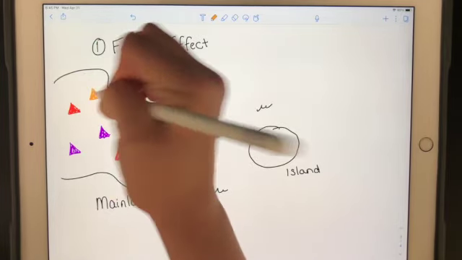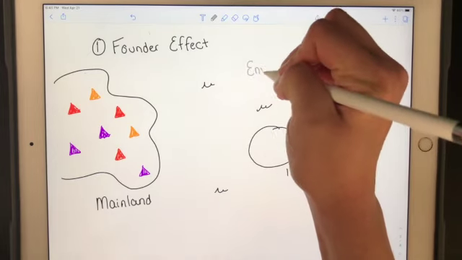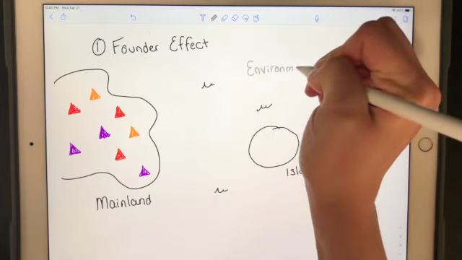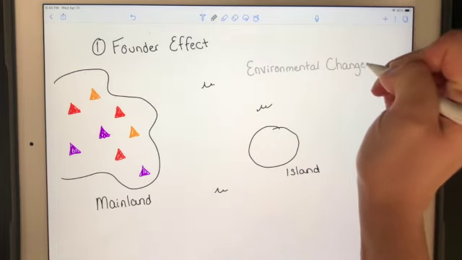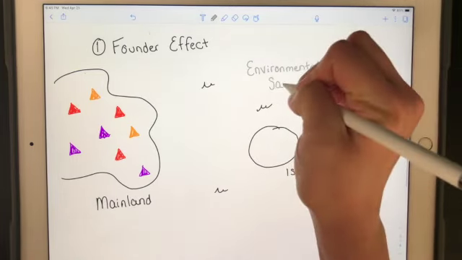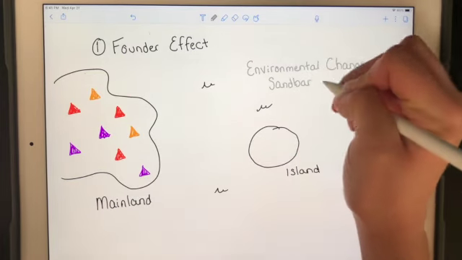So for the founder effect, the environmental change that we're going to model here is going to be a sandbar that appears at low tide.